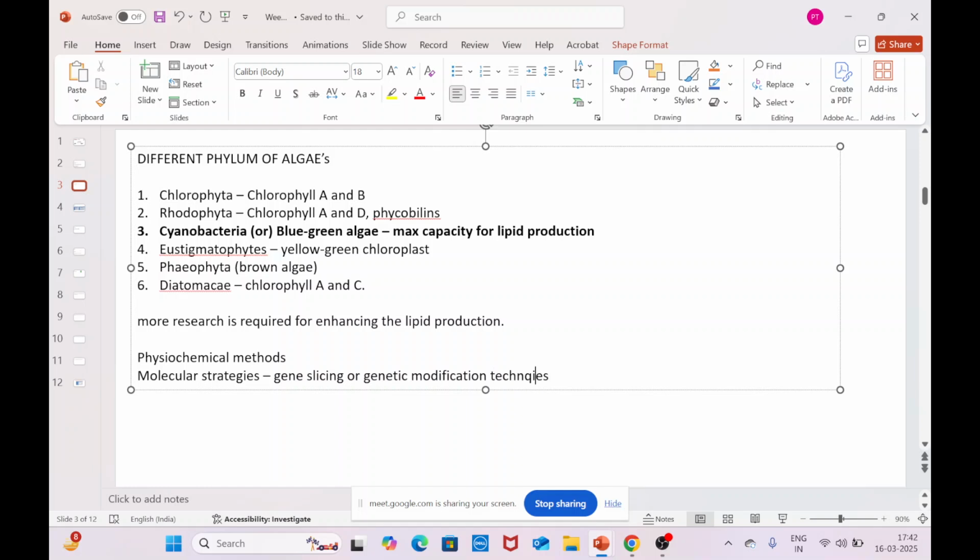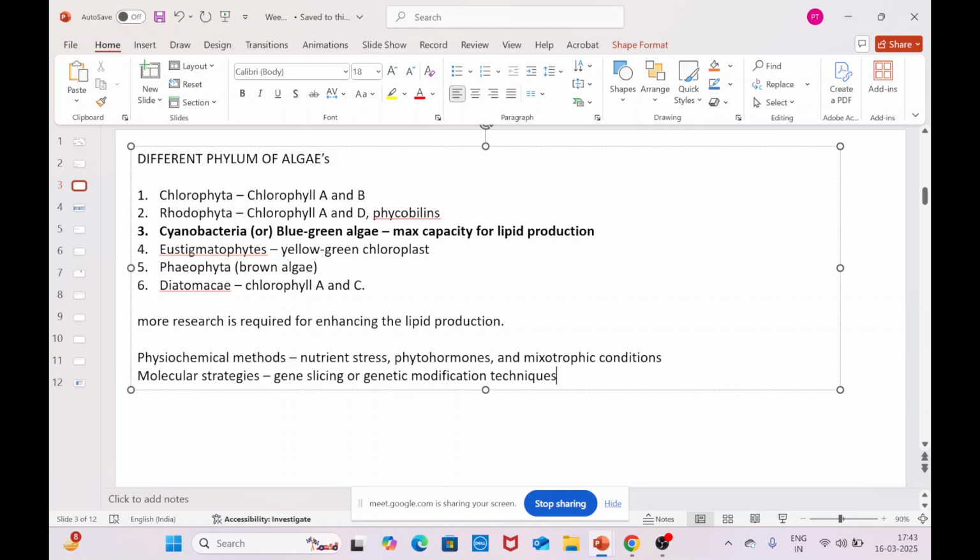In the physiochemical techniques, we have something like nutrient stress, phytohormones, and something called the mixotrophic condition. So using these kinds of physiochemical methods or the molecular strategies, there are chances of enhancing the lipid production.